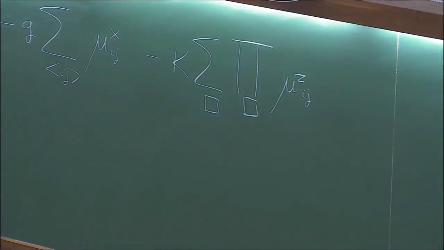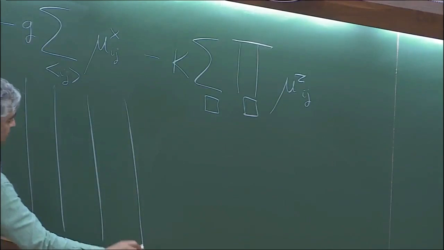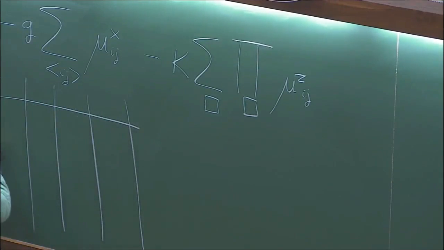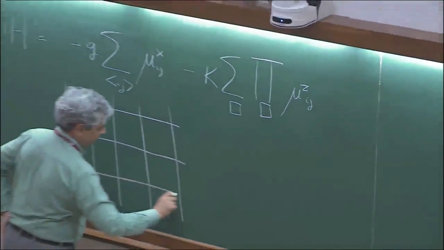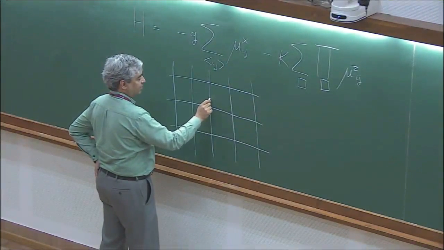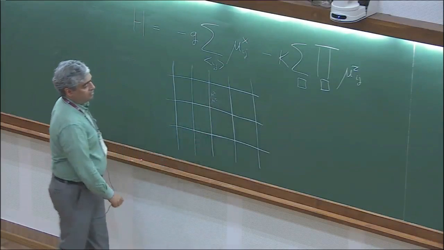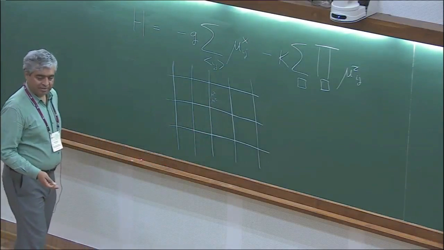Okay, so that's the Hamiltonian. And let's define it on a square lattice, so in 2 dimensions. And so on every link of the square lattice, there's a mu x and a mu z. And these are operators that are Pauli matrices.